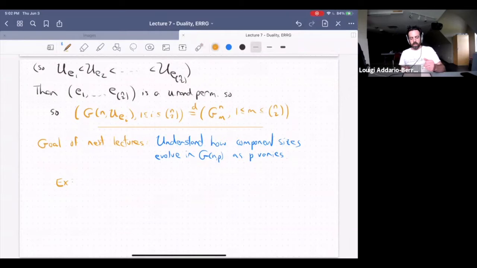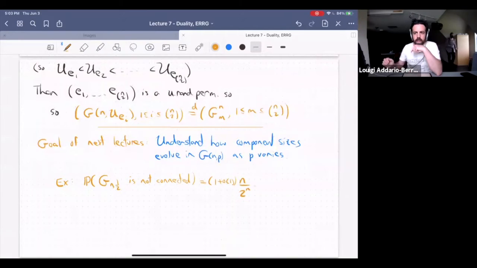And so I asked you to show that the probability that G(n,1/2) is not connected is (1+o(1)) n times 2^{-n}.